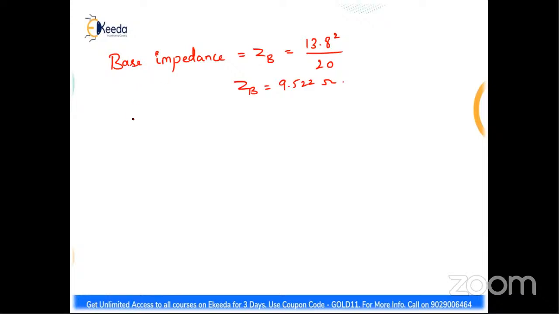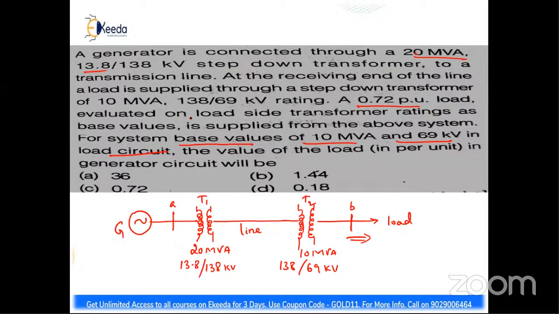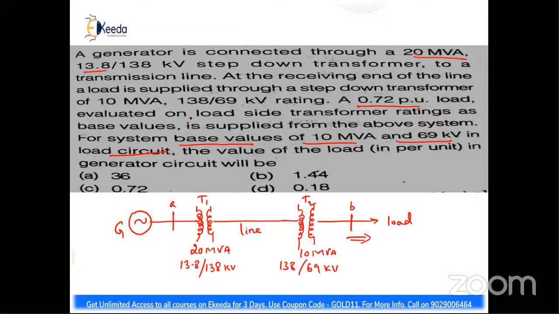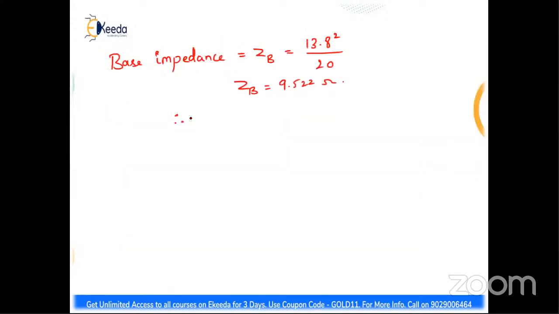Therefore, the value of the load in per unit in the generator circuit will be ZL divided by ZB, right?